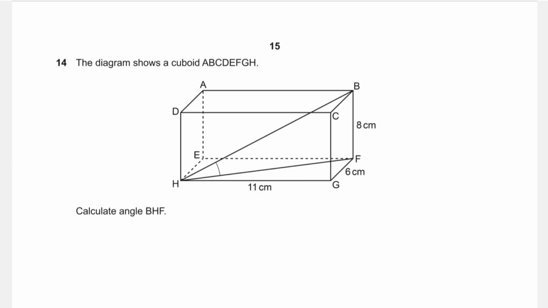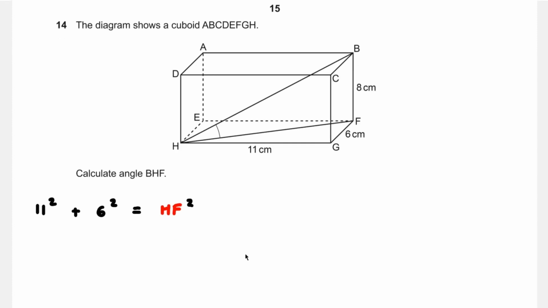Question number 14. The diagram shows a cuboid ABCDEFGH. We have to calculate the angle BHF. Well, for this we'd have to use Pythagoras because we've got various different right angle triangles. Let's first of all find out what HF is. So, using Pythagoras, I've got 11 squared plus 6 squared equals HF squared.